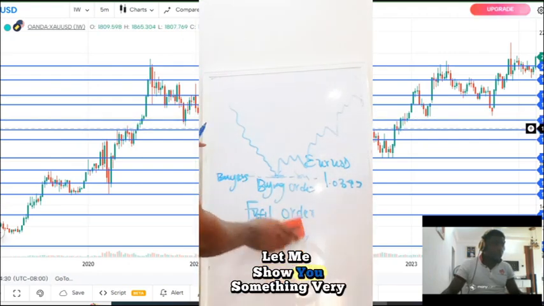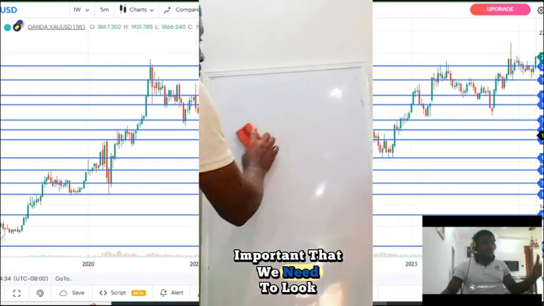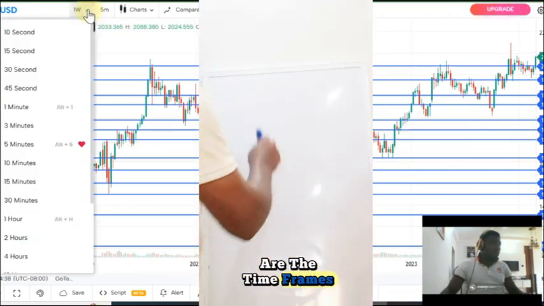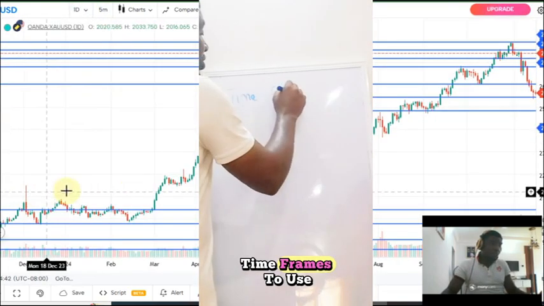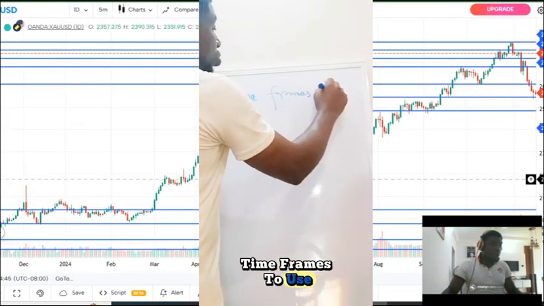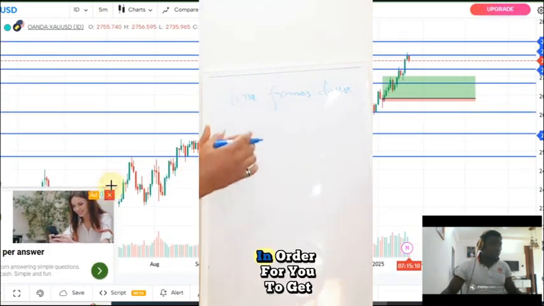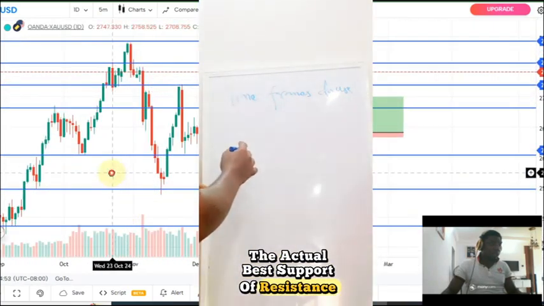Now let me show you something very important that we need to look at as we plot our support. What are the best time frames to use in order for you to get the actual best support or resistance?